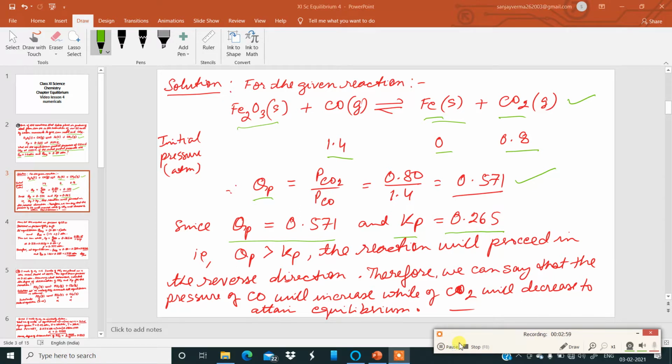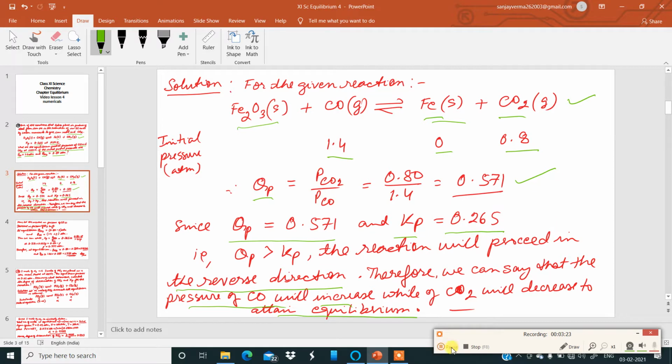So you can see over here, the value of Qp is greater than the value of Kp, which is given in the question. So we can say the reaction will proceed in the reverse, backward direction. Therefore, we can say that the pressure of carbon monoxide will increase, definitely, while that of carbon dioxide will decrease to attain an equilibrium position.